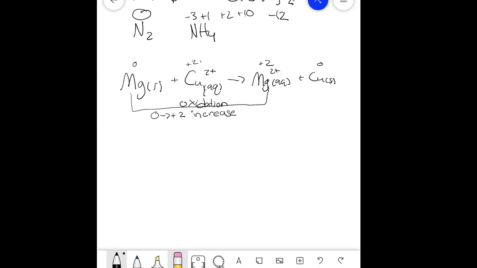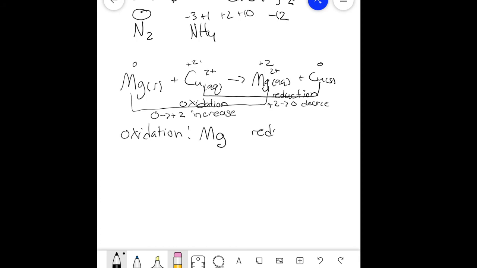And then these coppers, we've gone from +2 to 0, which is a decrease. That's a decrease, so that's going to be reduction. We've reduced. And so if it asks you to label them, the one that underwent oxidation would be magnesium, and you write it however you see it in the reactants.